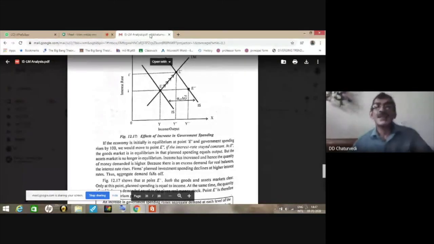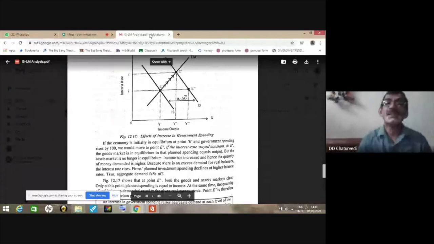And due to the rise in the interest rate, the planned investment spending declines. Thus, aggregate demand falls. So that means the rise in aggregate demand is not by YY double dash. It actually equals YY dash.